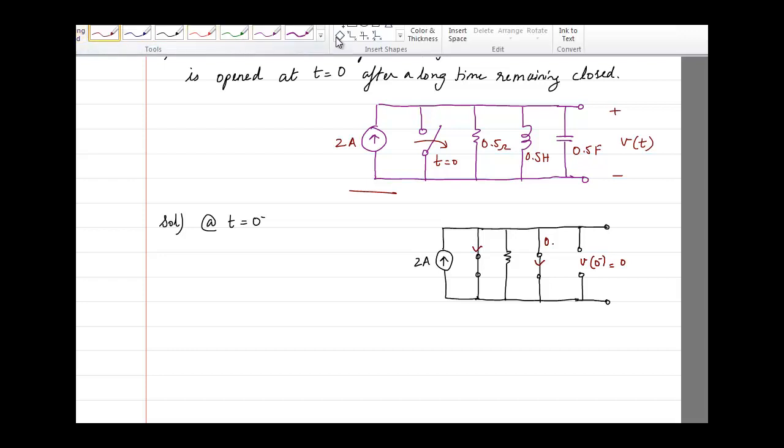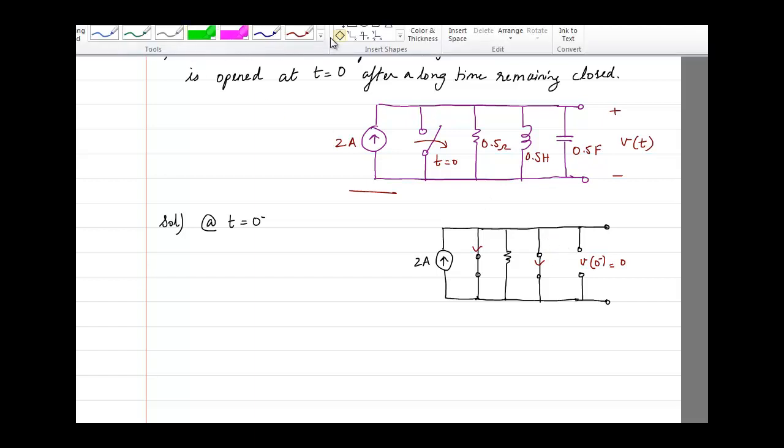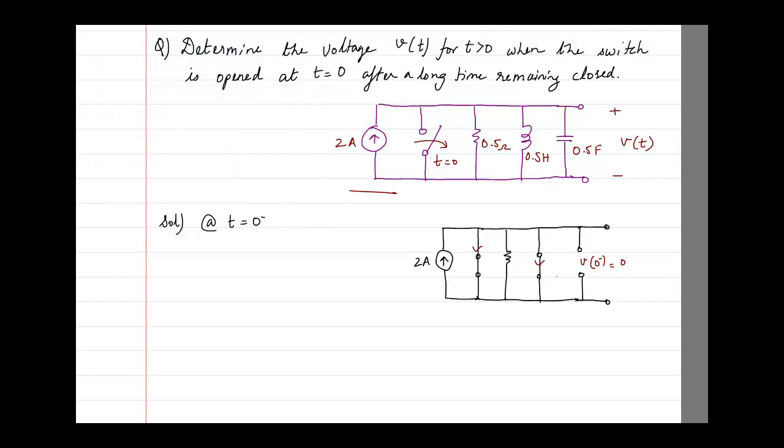So let me write that this current I of 0 minus is also equal to 0. Now some of you may doubt: sir, we have a current source and there are two short paths, so do you mean that in the second short path no current will flow, only this path?